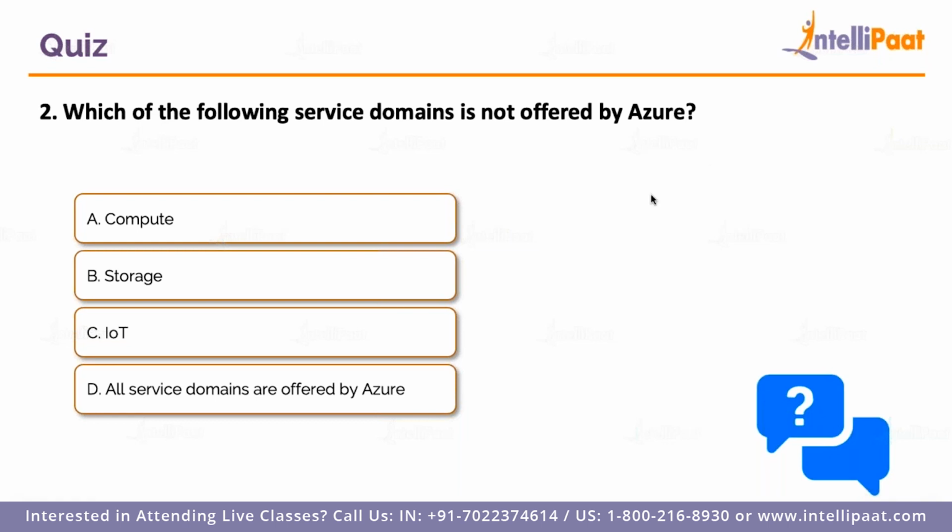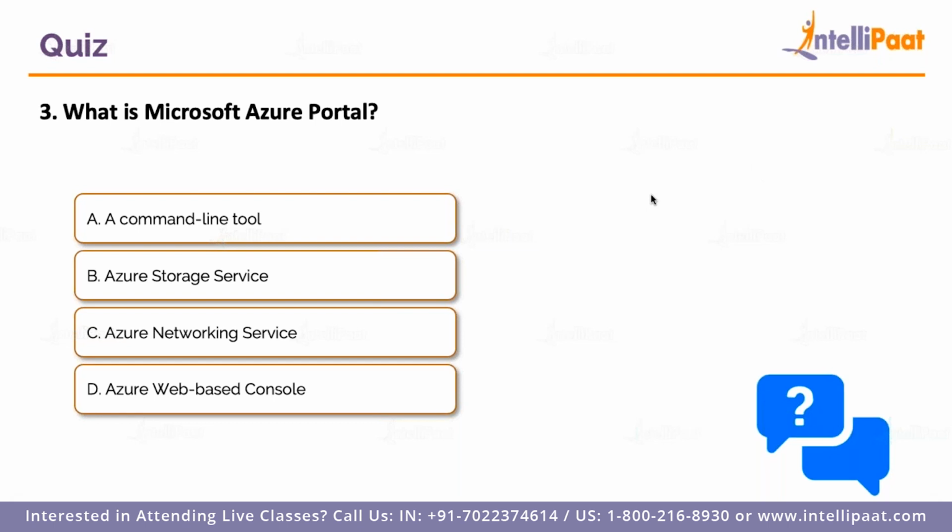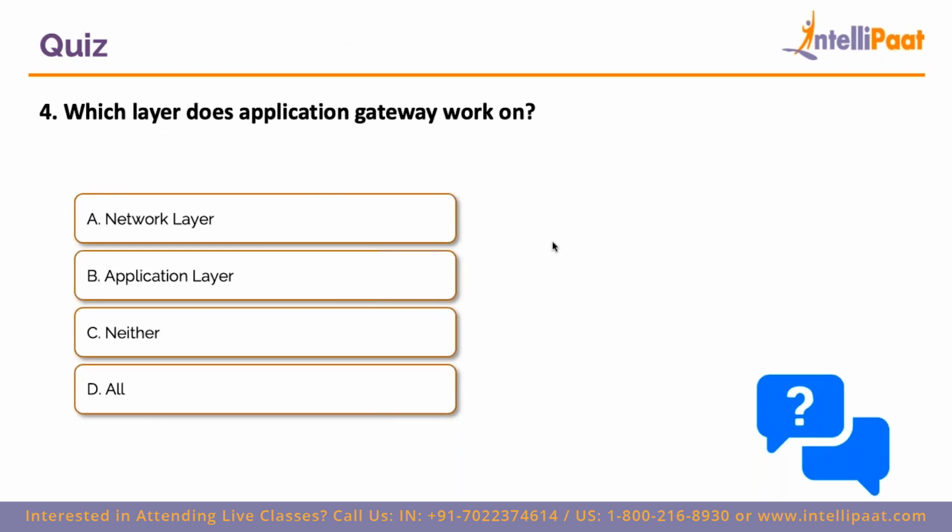Okay. Next question. What is the Microsoft Azure portal? I think everyone has given me the right answer. It's the Azure Web Console. And the final question, guys: which layer does application gateway work on? The correct answer is that application gateway works on the application layer.